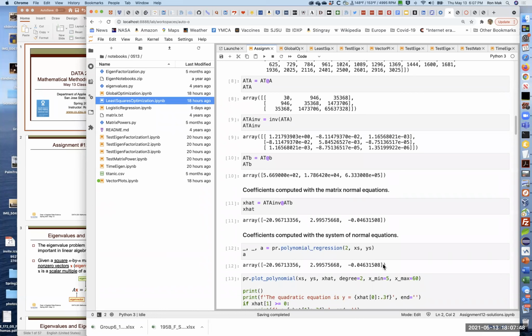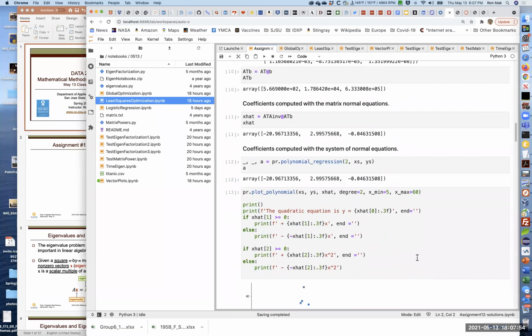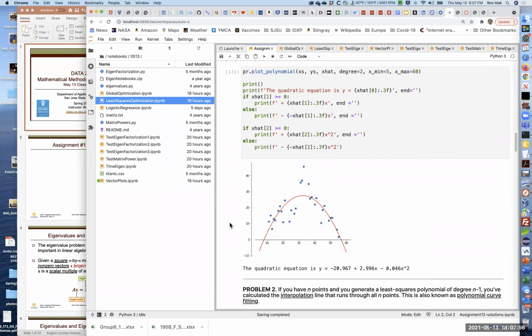So I just wanted to double check. And then here we are plotting it all. You can see all the points, and here is the quadratic equation. A degree 2 equation, and that is a parabola.